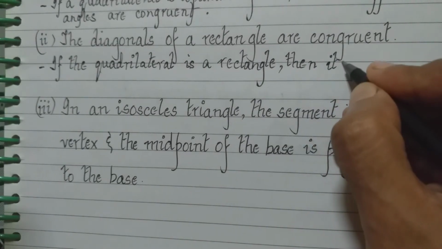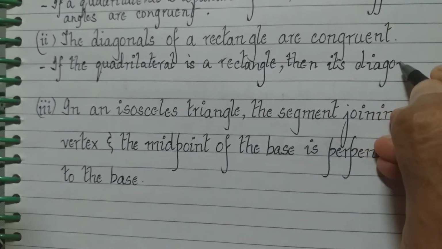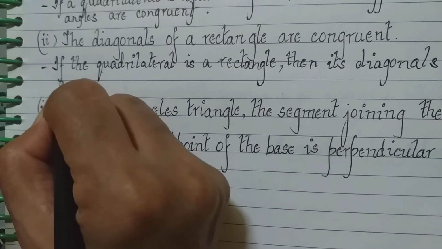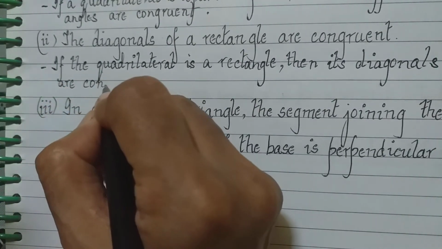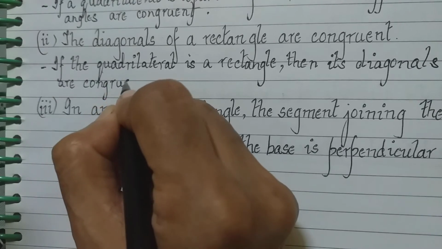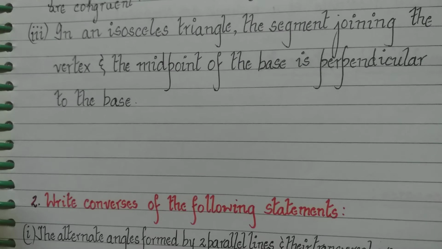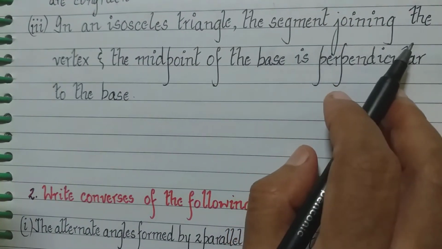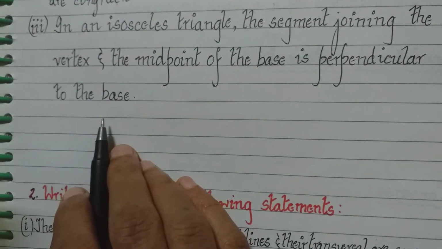Then its diagonals are congruent. Now the third sub question here, they have said that in an isosceles triangle, the segment joining the vertex and the midpoint of the base is perpendicular to the base.